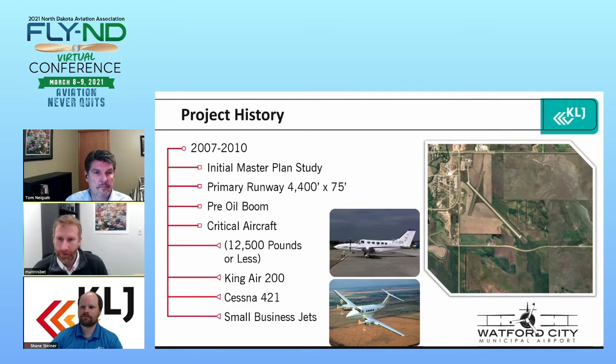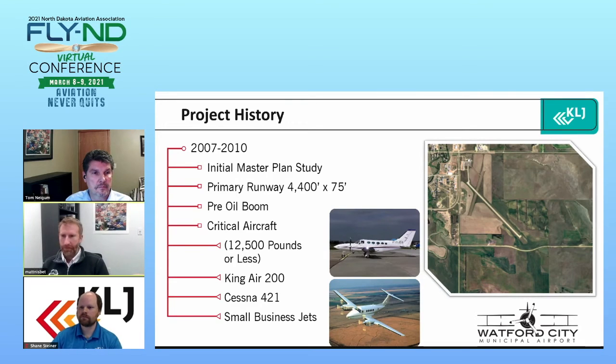The airport had a 4,400 by 75 foot runway, what they have prior to construction going on right now. In that initial master plan study, it was more of a challenge to hang on to that 4,400 feet. There were some design standard things that the airport was working through, and chopping off the runway would have been an easy fix, but they made it through with that runway length.